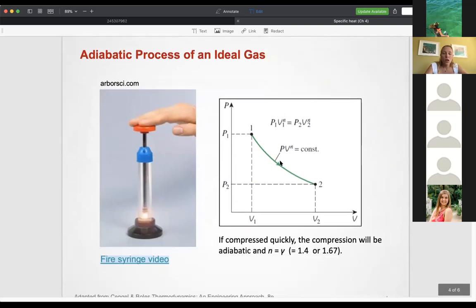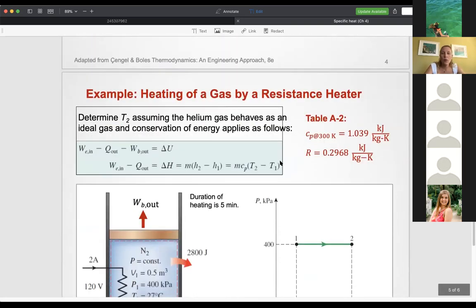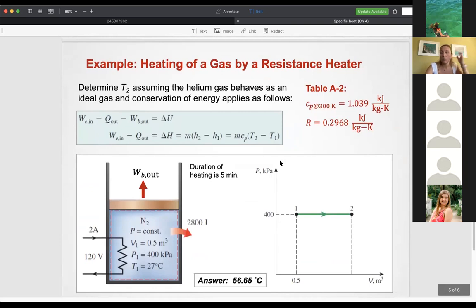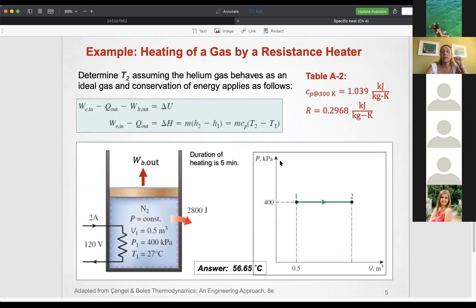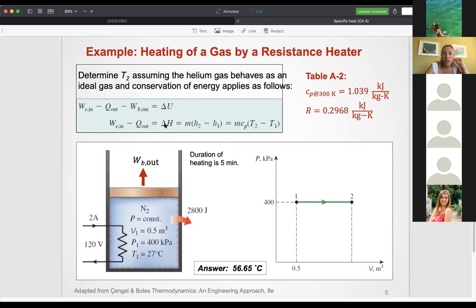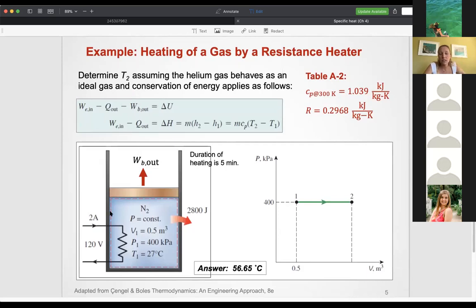I'm going to skip over that. We just did this actual problem where we have our piston cylinder device that's being heated with an electric heater. We have boundary work, electrical work coming in, boundary work coming out.